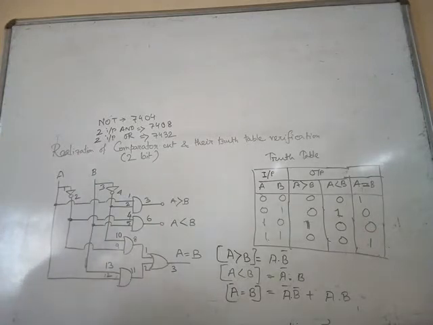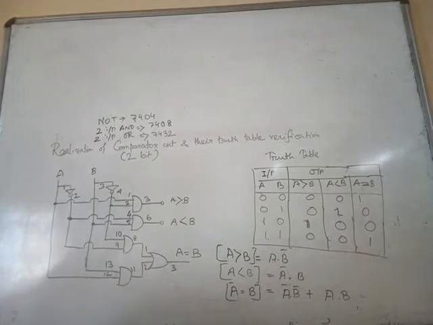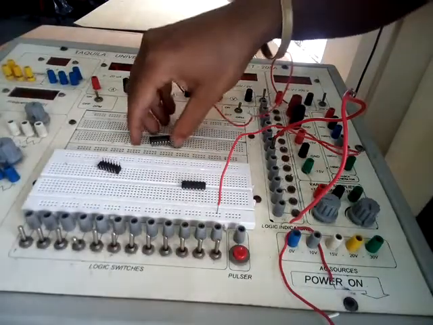Now we check the circuit in an analog and digital trainer kit. You can check the circuit if you have it available at your house. You require only plus 5 volt, breadboard, 3 types of IC and connecting wire. Okay, we have 3 ICs.